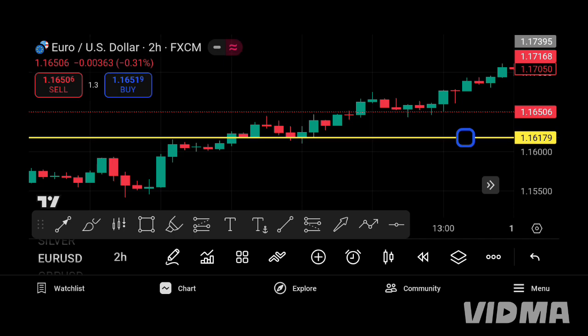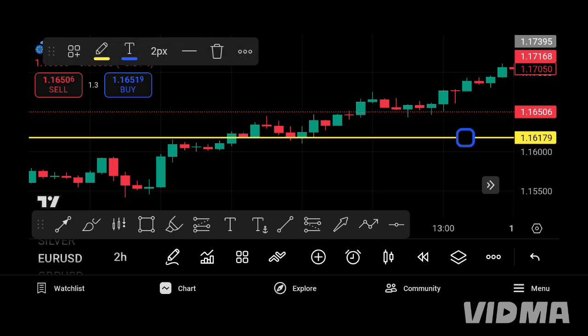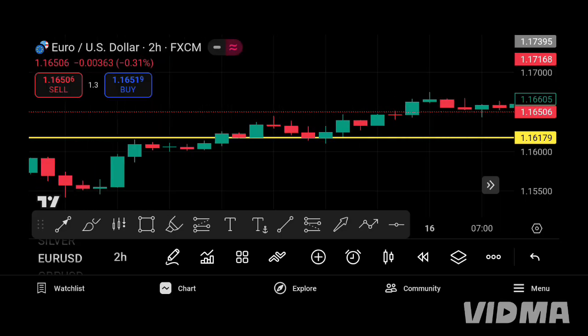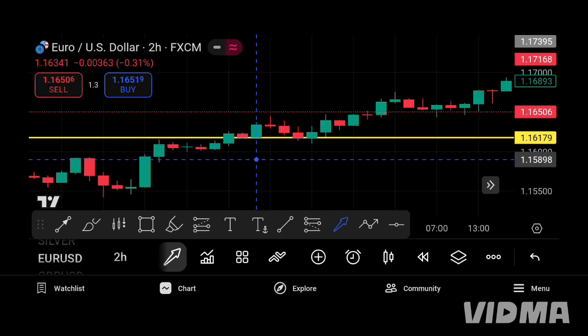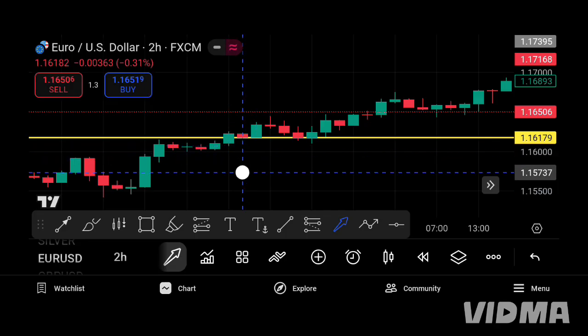This is our candle, if you remember. Then we wait for price to come back here. We formed these three candles, they pull back. Just wait for price to come back and sweep our liquidity here that we've marked.